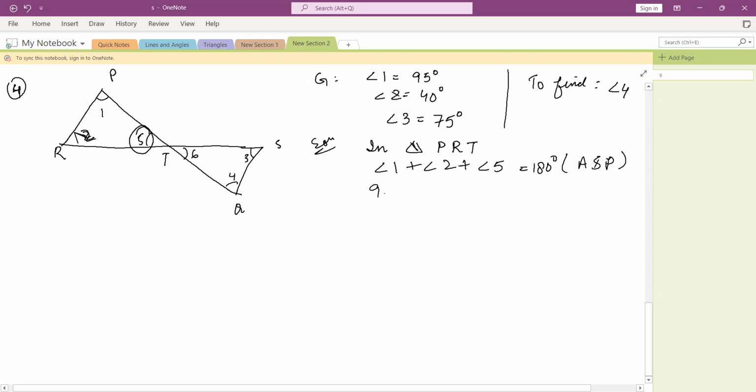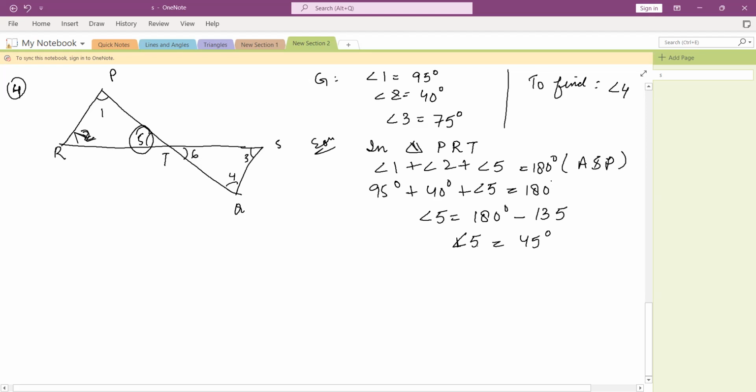So angle 1 is 95 degrees, angle 2 is 40 degrees, plus angle 5, which is equal to 180 degrees. So angle 5 will become 180 degrees minus 135. So angle 5 will be 45 degrees. Right?